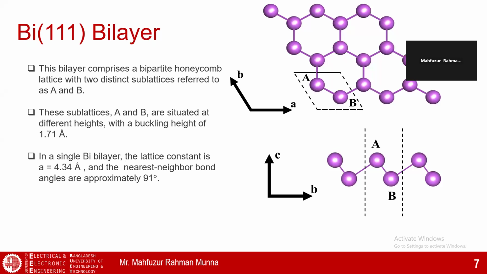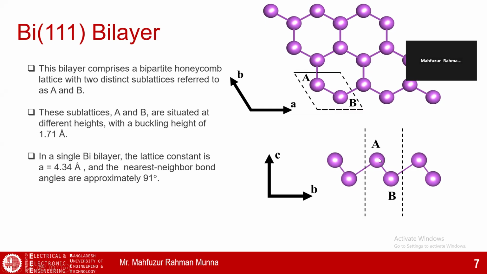The unit cell is hexagonal, but just like graphene, we can define a much smaller unit cell which only consists of 2 atoms. We designate those 2 atoms as sublattices A and B, and there is some buckling height between those 2 sublattices.